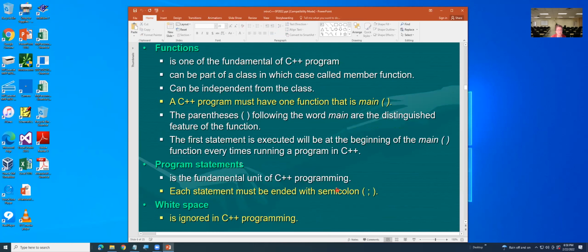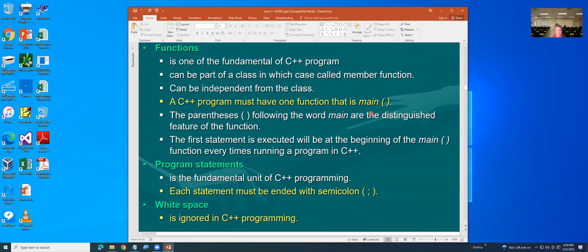Now, a function is one of the fundamentals of a C++ program. It can be part of a class. We don't care about this one; the class is a different chapter and can be independent. A C++ program must have one function, that is main. Even if you don't have any other function in your program, you must have the main function.